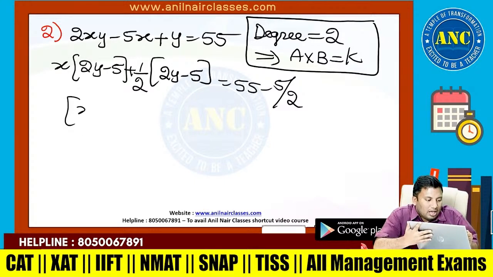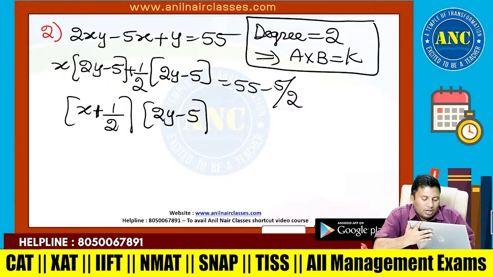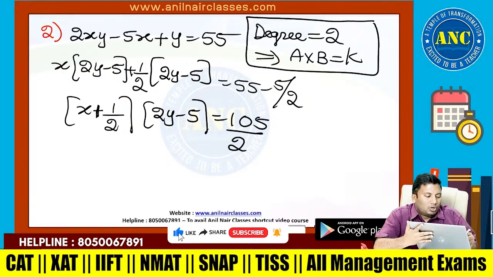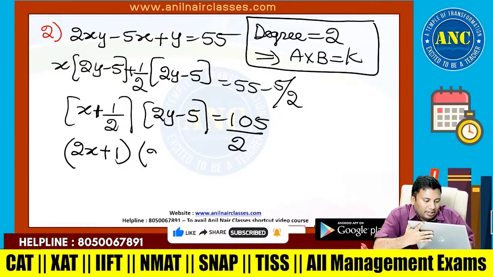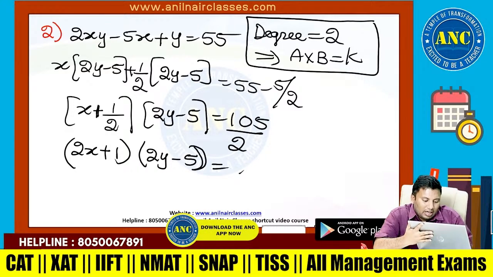This is (x plus 1 by 2) into (2y minus 5) equivalent to 105 by 2. 2 is taken out: (2x plus 1) into (2y minus 5), which is nothing but 105.